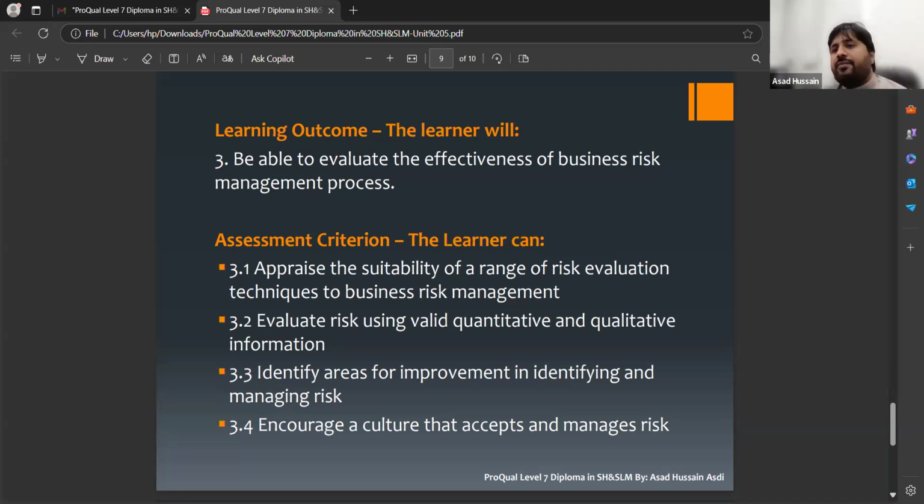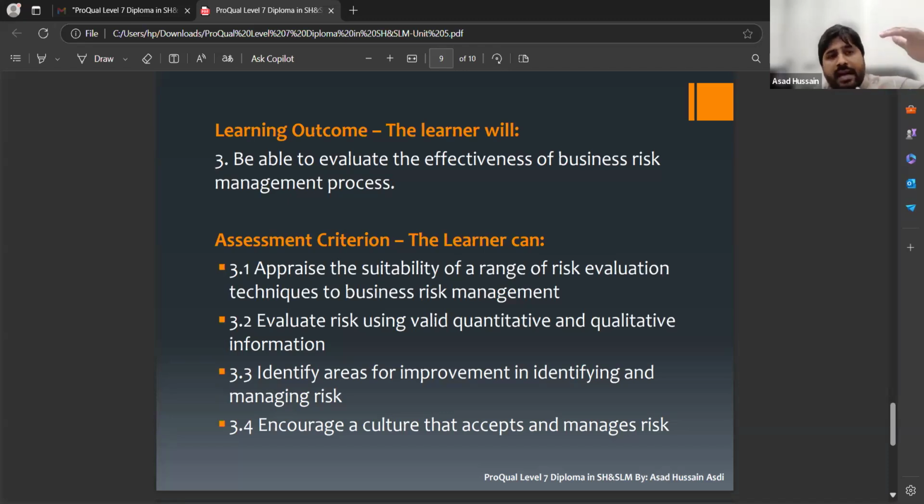So here they have to explain what evaluation techniques they are using and how it confirms that these risk evaluation techniques are suitable to the business risk management system they have implemented in their organization. They can provide evidence of how they are performing the risk evaluation.